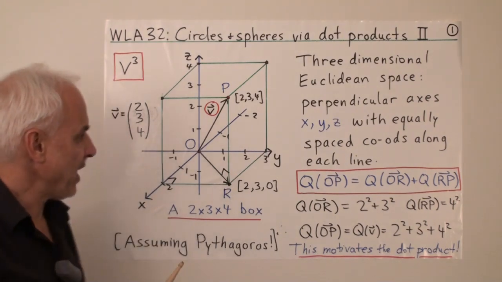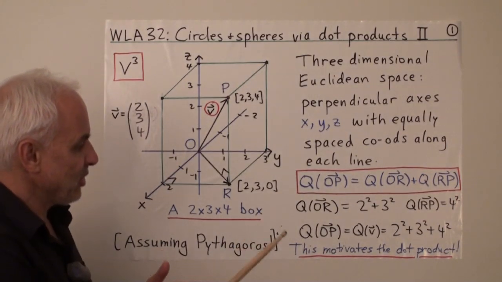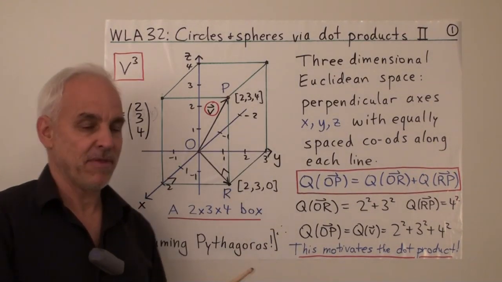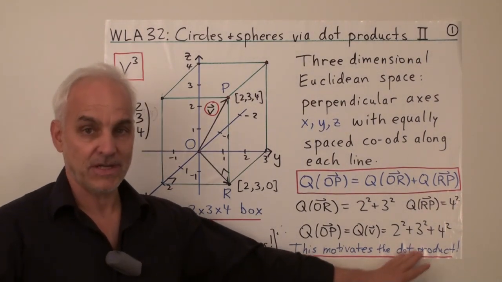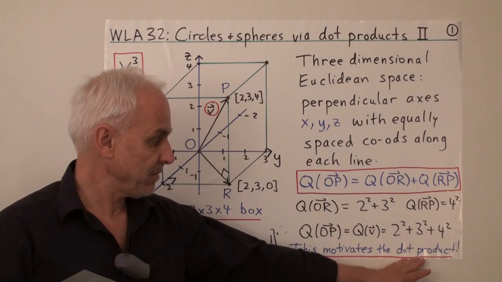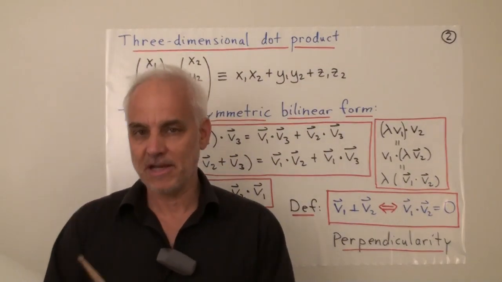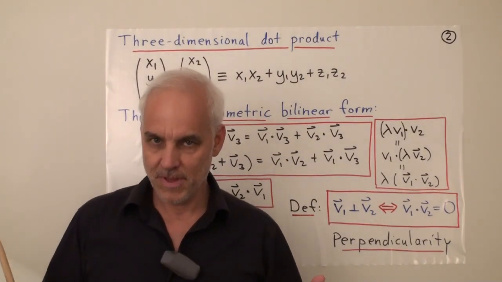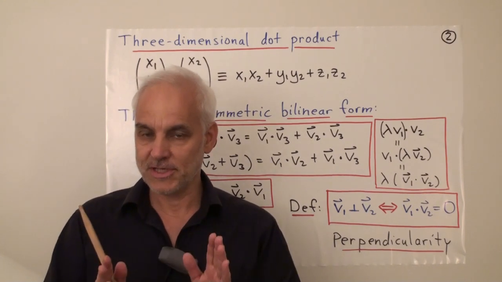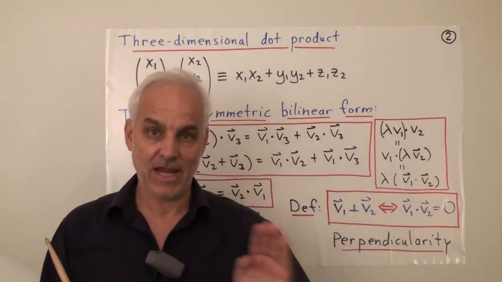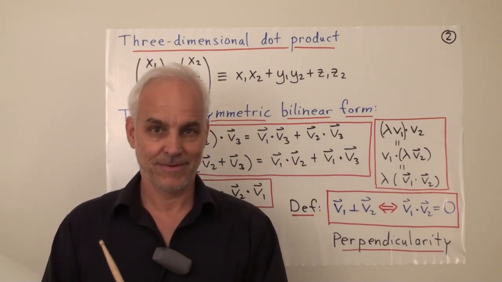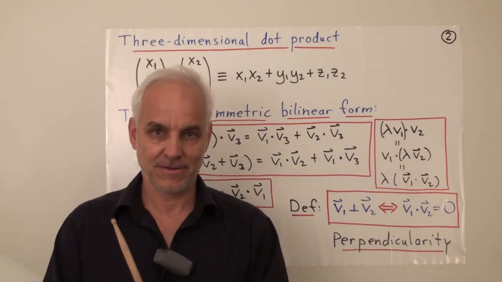So that's consistent with our understanding of Pythagoras, and that's going to motivate our definition of the dot product and our use of the dot product. So motivated by Pythagoras' theorem, we are now going to introduce the metrical structure independent of any prior understanding of Euclidean geometry, just as we did in the planar case.